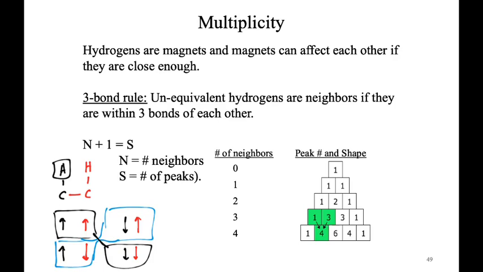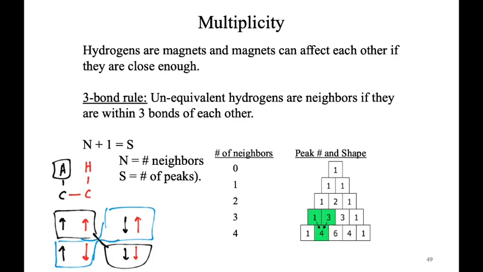Two possible states means two peaks. And this is where I'm trying to be very careful with the language and shift away from signals, because the signal is that black hydrogen. But this red hydrogen can now affect that black hydrogen by either adding to its signal or subtracting from its signal. So when I look at all of those possible combinations, I get two ways that could come out. And I get two peaks.